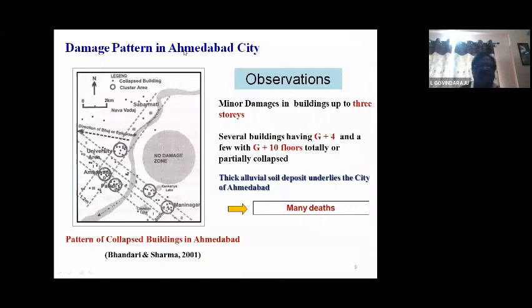This is the damage pattern in Ahmedabad city. See, this is a portion of the map of Ahmedabad. You know that in Ahmedabad, here is the Sabarmati River, which flows from north to south. Earlier, the area towards the east was completely occupied and thickly populated. Here is the east, and here is the west zone.